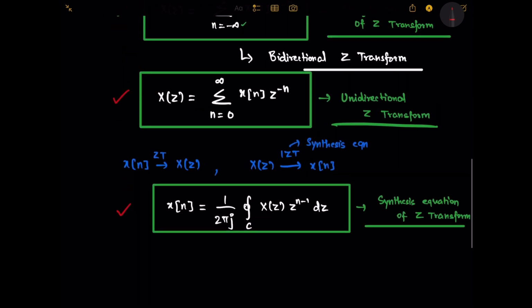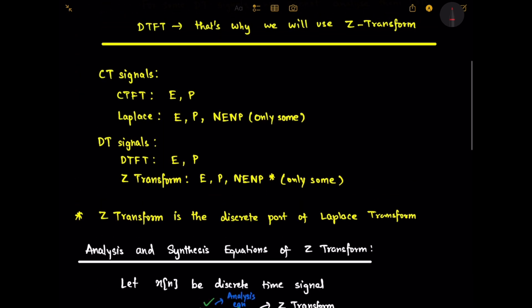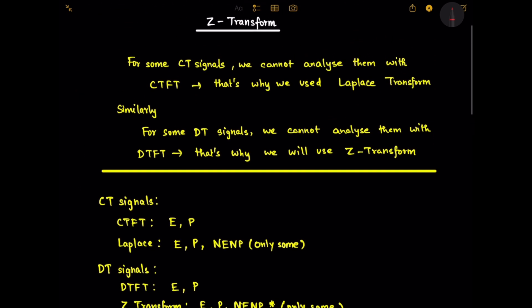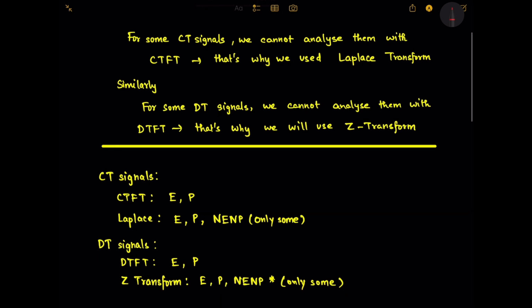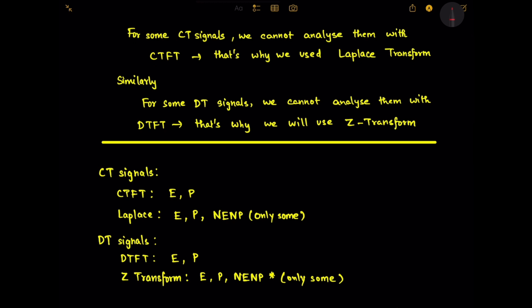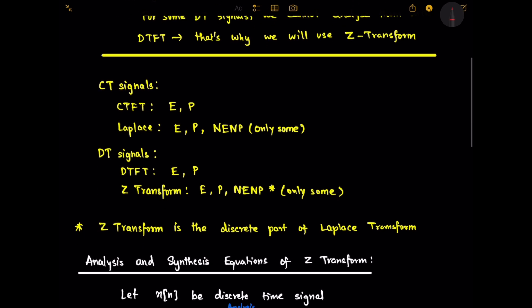So this was the introduction to Z transform, in which we saw that there are some CT signals we cannot analyze with continuous time Fourier transform, and that's why we use Laplace. Similarly, there are some DT signals we cannot analyze with discrete time Fourier transform, and that's why we use Z transform. For CT signals, CTFT can be used for energy and power signals, but with Laplace transform we can use a lot of signals including energy, power, and neither energy nor power signals, but only some.